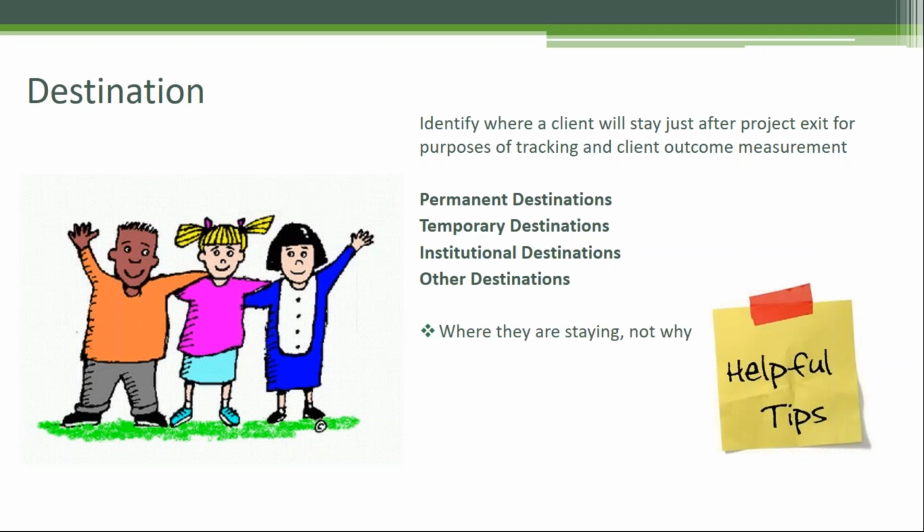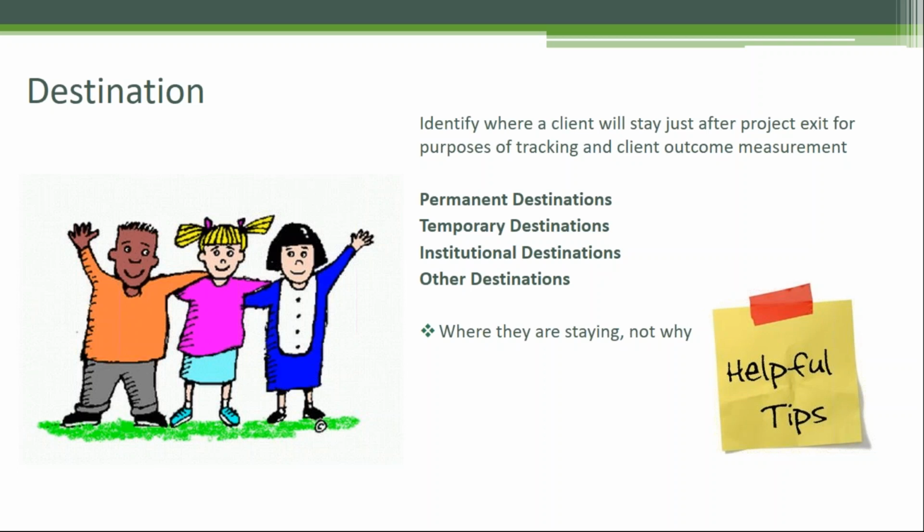Some helpful tips when selecting the client's destination when they're being discharged is the option that you're selecting, the actual destination, is where the client is staying, not the reason why. So there is the option within awards to select other as a destination.